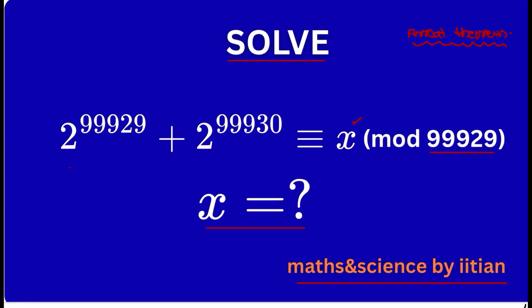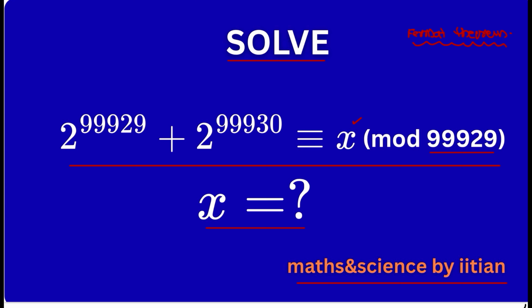The question is 2 to the power of 99,929 plus 2 to the power of 99,930 equivalent to x mod 99,929. We have to find out the value of x, that is the remainder.